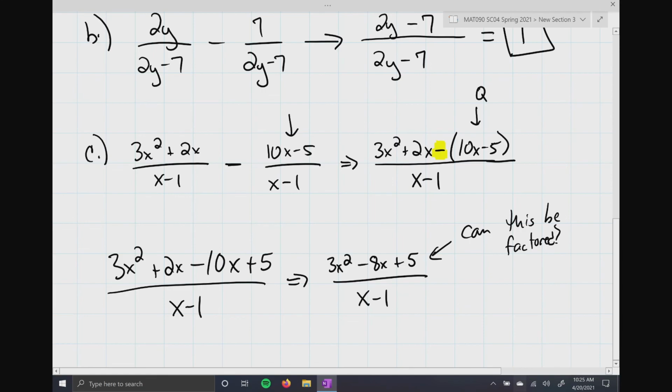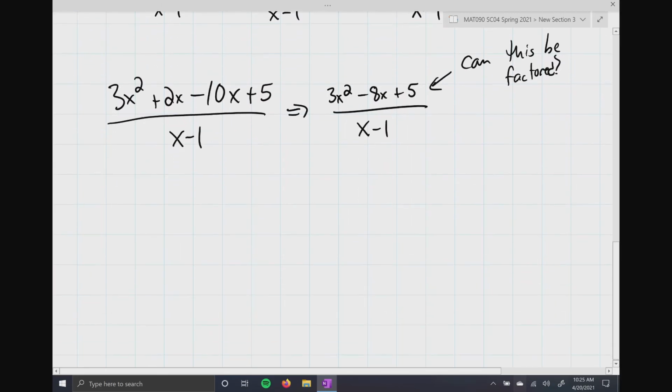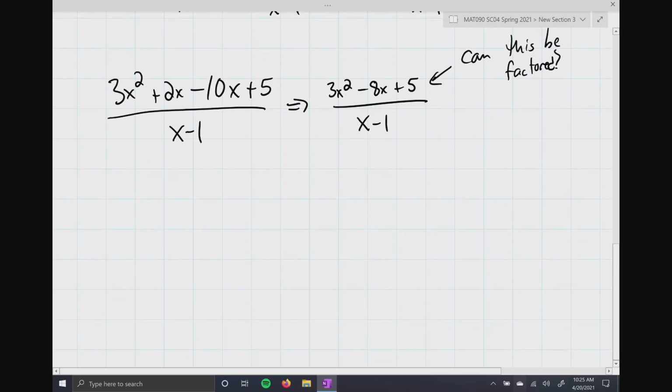So there's the question. Can your numerator be factored? Sometimes it can, sometimes it can't. The only way you're going to know, you got to do it. So I'm going to go ahead and try to factor the numerator. I'll do it directly underneath. They're both going to be negative. Oh, that's nice.